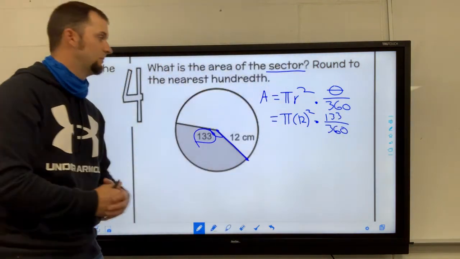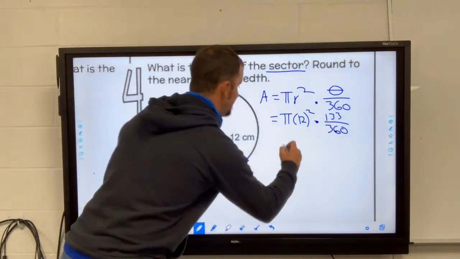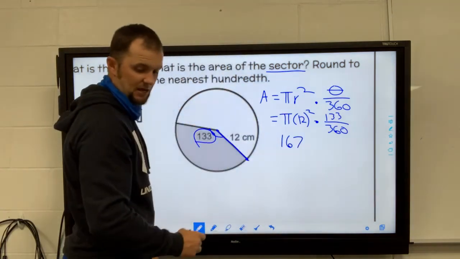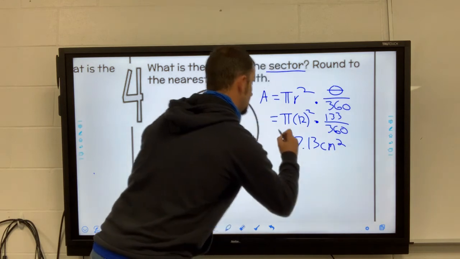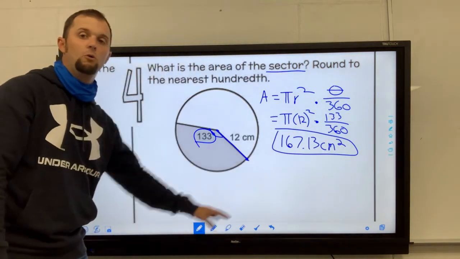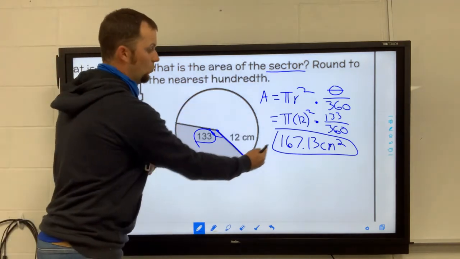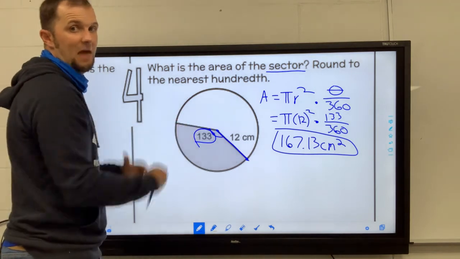All I'm going to do is multiply all of this out, and what that gives me in the end is 167.13 centimeters squared. So from the whole pizza, I am taking out 167.13 centimeters squared of that pie.